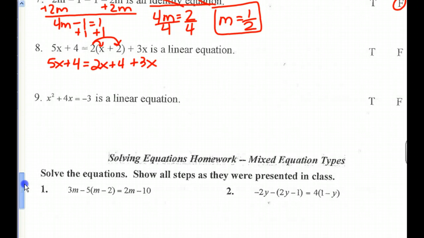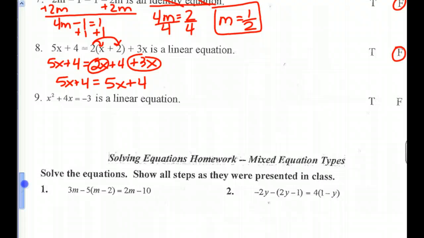Well, now something really interesting happens right here. 3x and 2x combined, and we get 5x plus 4 equals 5x plus 4. Oh my goodness, that equals the exact same thing. This is an identity. So it's false. It's not linear. It's an identity. All real numbers.